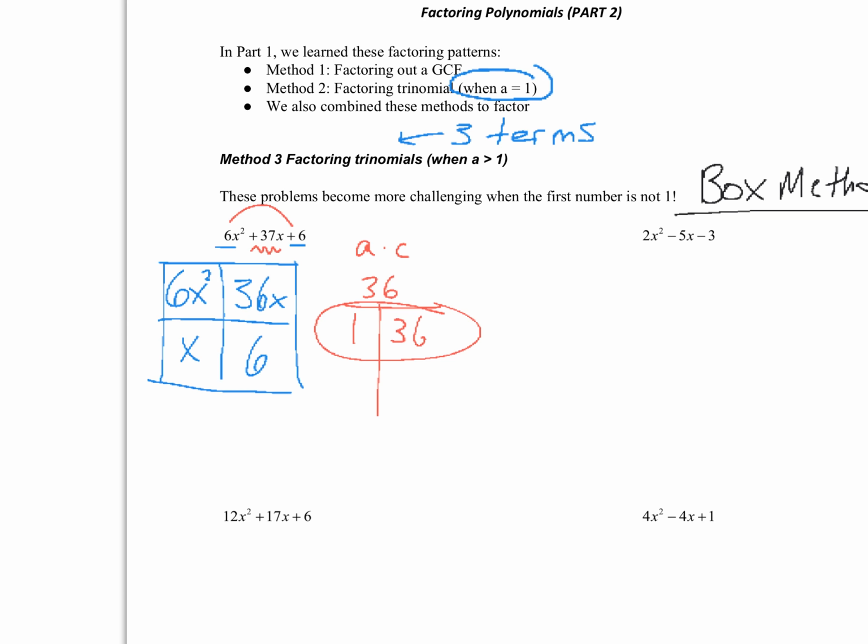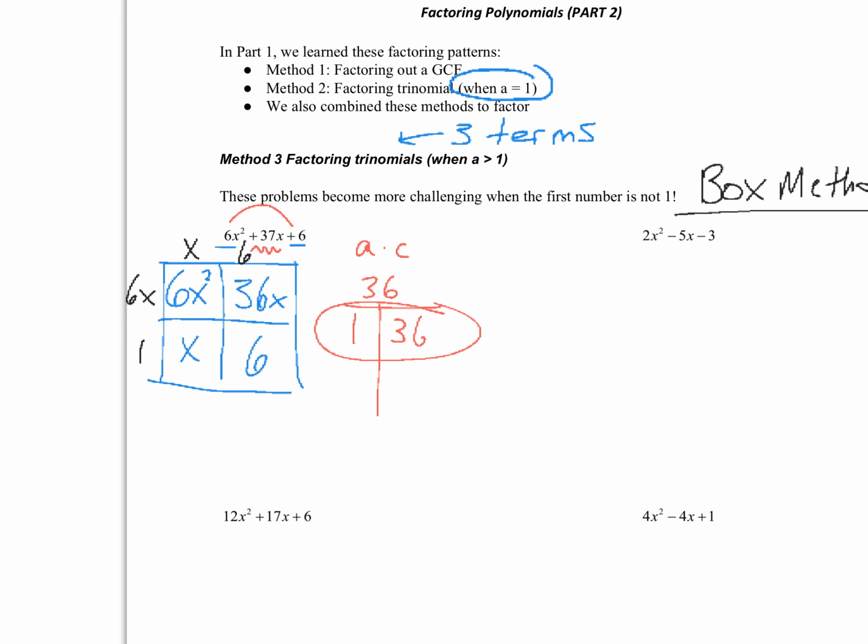So, from the first row, I'm going to pull out a 6x. The GCF is 6x. From the second row, just 1. From the first column, it looks like just x. From the second column, a 6.